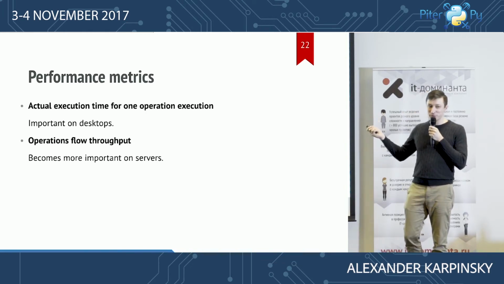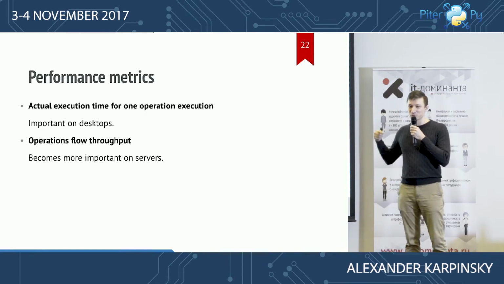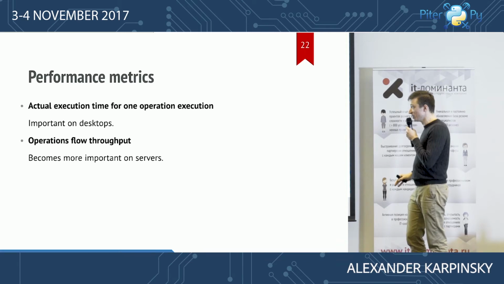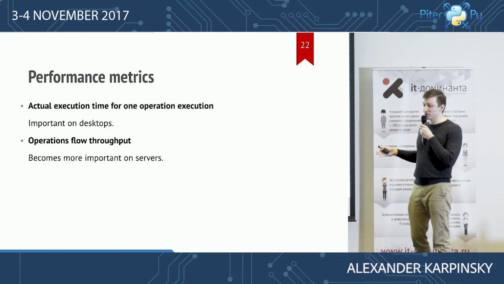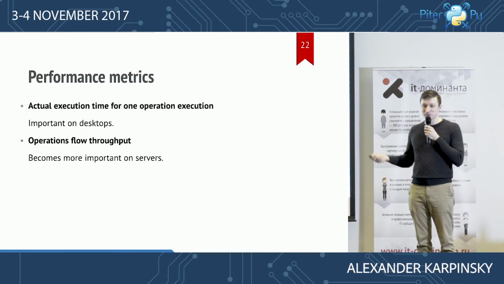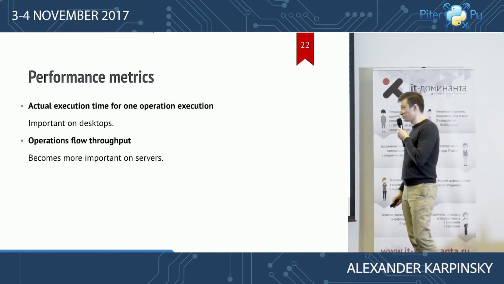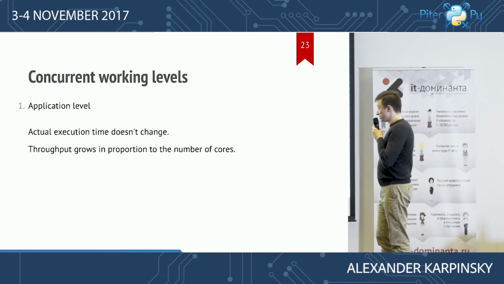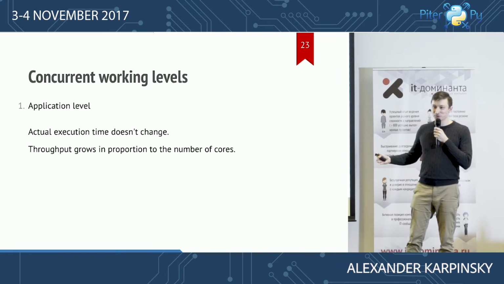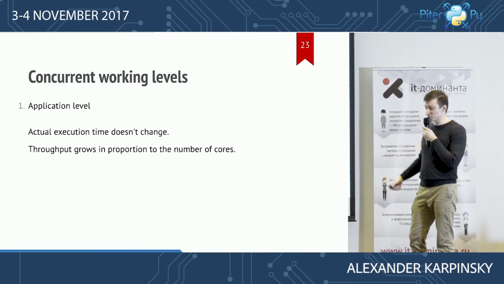And the first metric is important for this topic. There is a user that makes a command and expects execution. Then the throughput is important with the server, because the users are many and the hardware is limited, and we strive to pay less for it. So, based on these two metrics, we can look into two options of concurrent work.